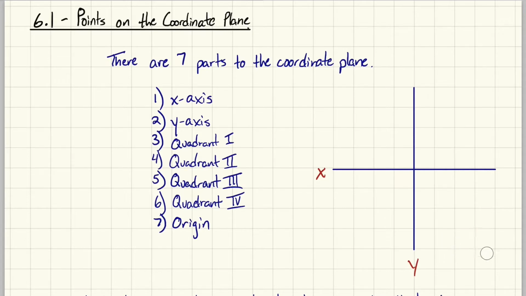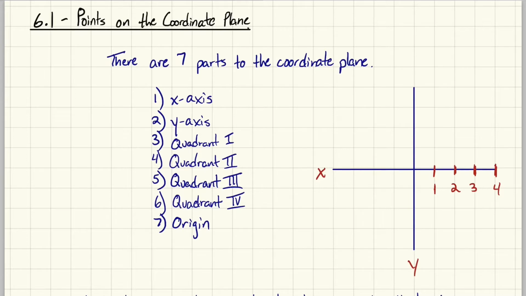Okay, the next thing that we have to understand about the coordinate plane is that each little space over on our graph paper that the axis touches is a different value. On the x-axis, we count up 1 number each point.